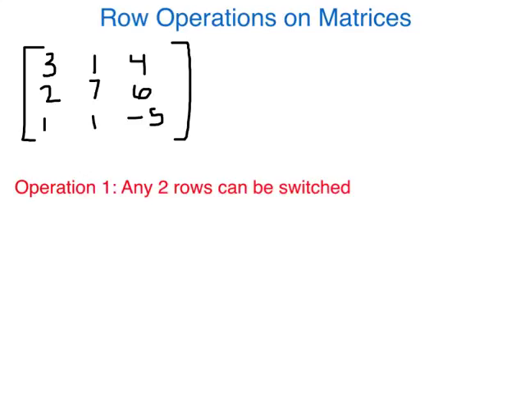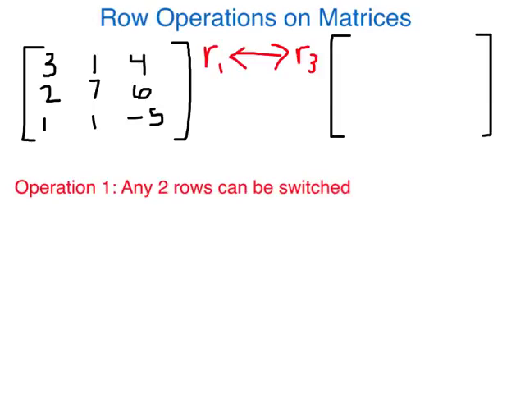So what you can do here is we can take two rows, and let's say I want to take row 1 and row 3. I'm going to write row 1 can be switched with row 3. Then I like to write out the rows that are not being changed.